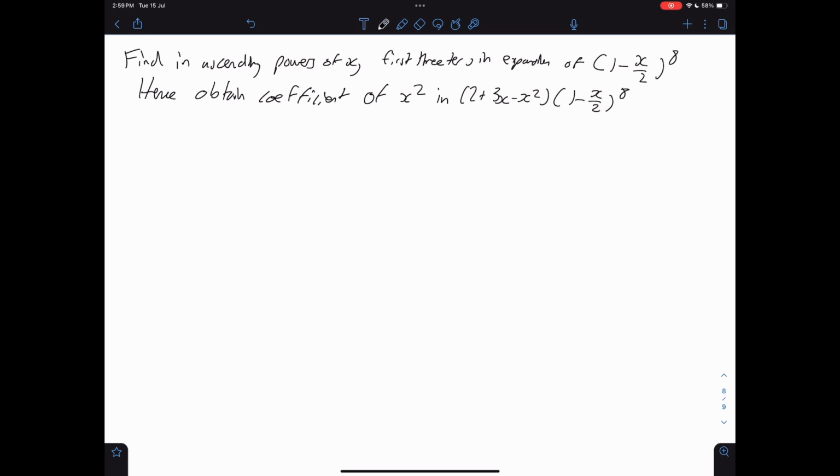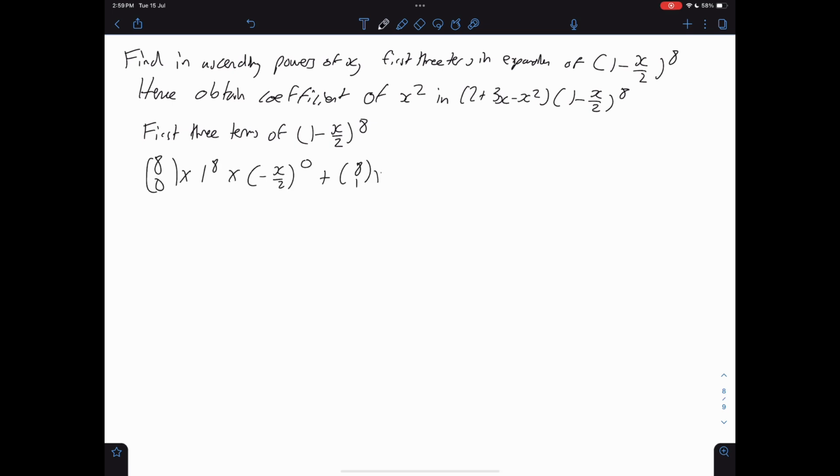So the first thing we will do is to find the first 3 terms of (1 minus x over 2) all to the power of 8. This is very simple by now. You literally just use the formula, start from r is 0 and go up to r is 2. Powers of 1 go down, powers of minus x over 2 go up.